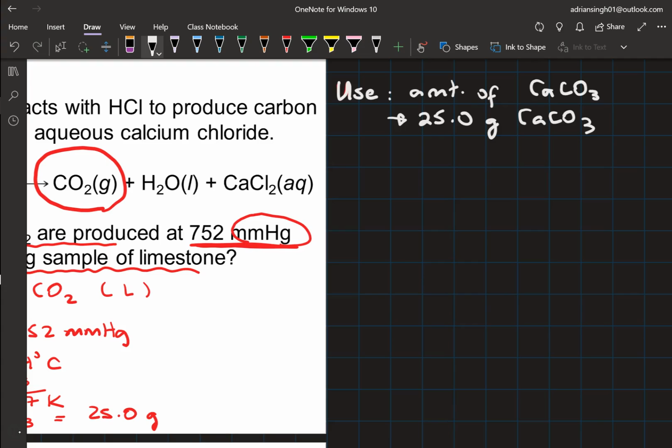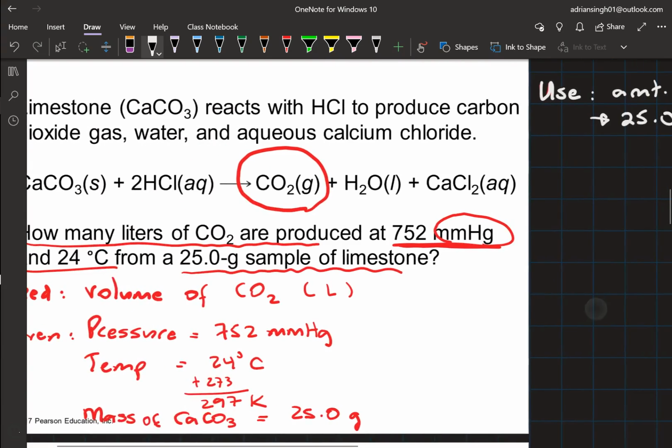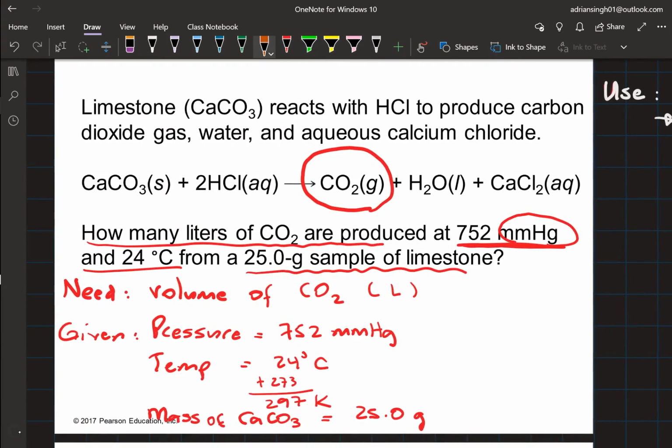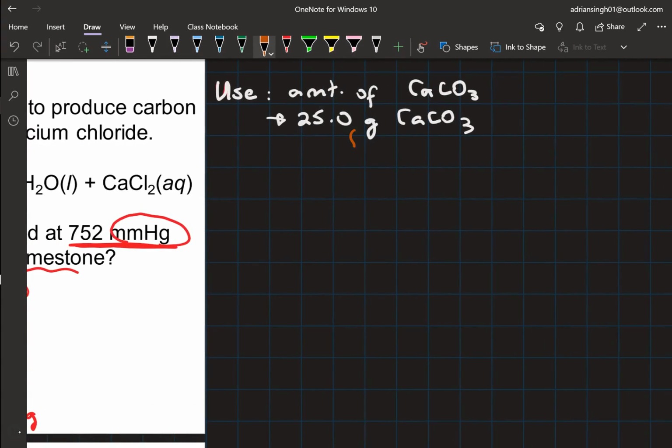So in order to relate the calcium carbonate to the carbon dioxide, CO2, we first need to get to moles of calcium carbonate. That's something you've done before in the chemical reactions chapter, so let's do that right away.